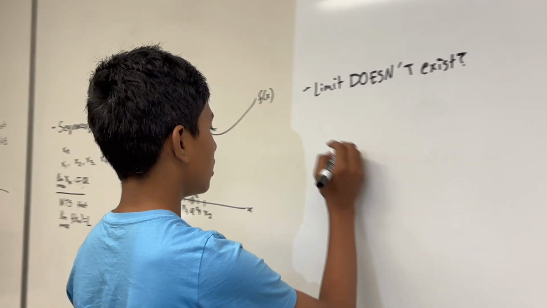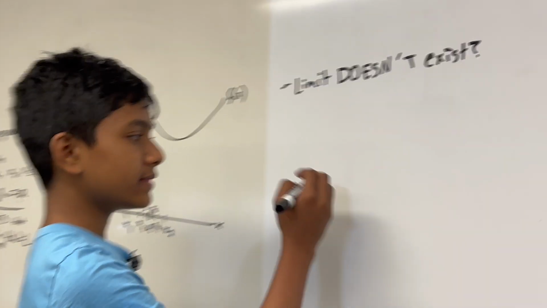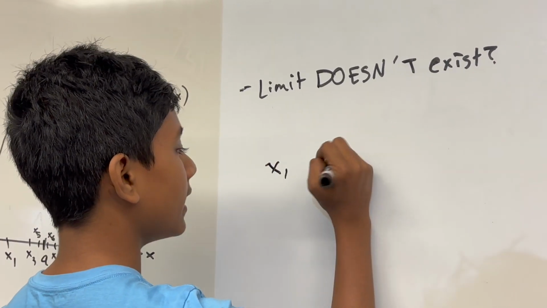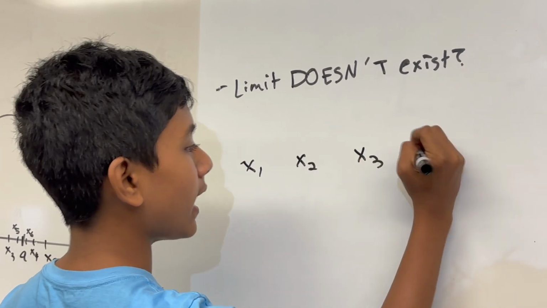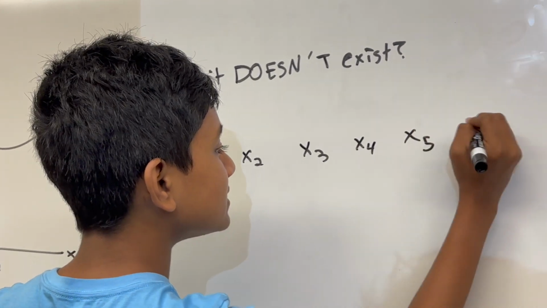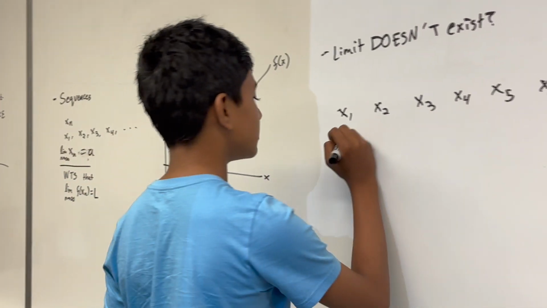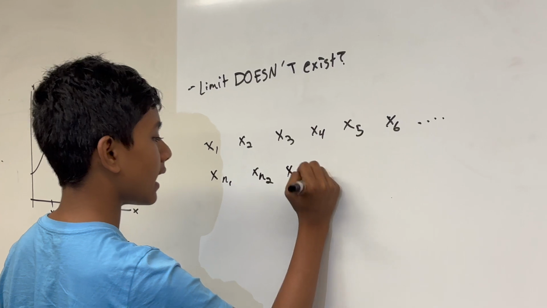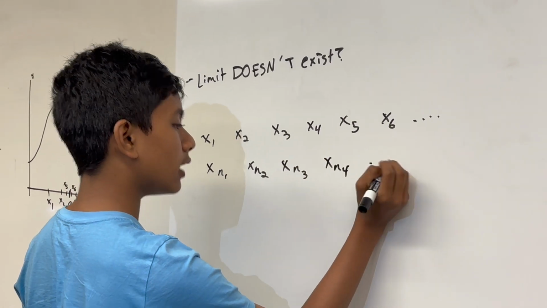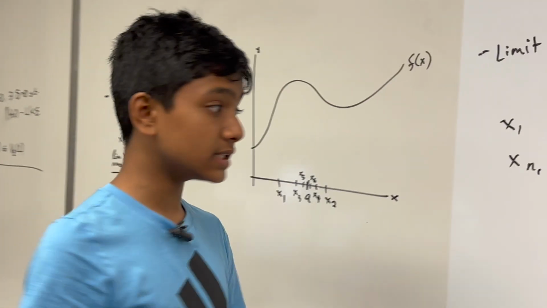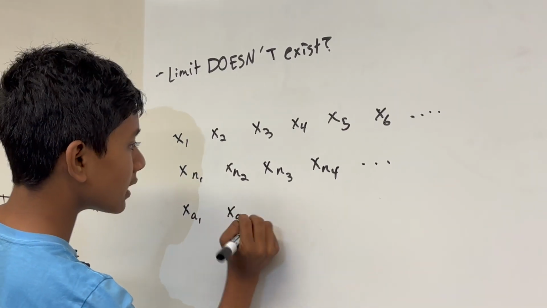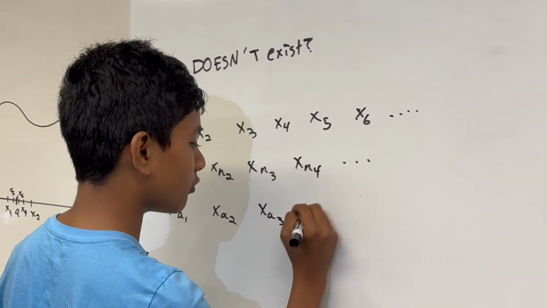Well, remember how we said that if we have a sequence, so if we have x1, x2, x3, x4, x5, x6, and so on and so forth, let's say we take a certain subsequence, xn1, xn2, xn3, xn4, dot, dot, dot, and then let's say we take a second subsequence, xa1, xa2, xa3, xa4.